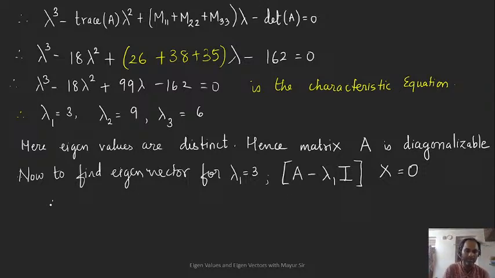So therefore, A minus 3I into capital X is equal to 0. What does this mean is, you write one below the other, because here I don't have too much space for writing. So I'm now shifting into the next slide.